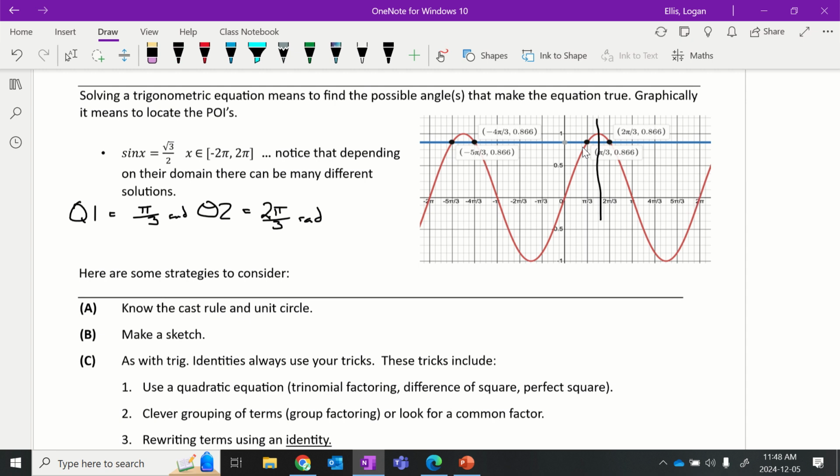In this question, they're asking us to do it for negative 2 pi to 2 pi. So on top of these solutions, all we need to do is subtract the period. If I take this point here and subtract the period, 2 pi, we get negative 5 pi over 3.